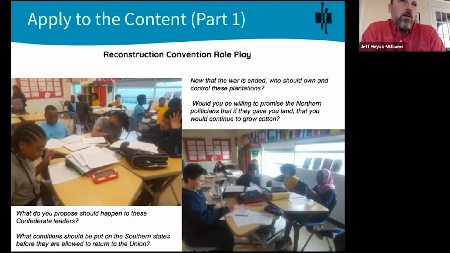They identified a bunch of different questions, and as they did, they thought about what would be an effective decision for those political leaders in the North as we were trying to reknit our country back together after our Civil War. So that's just an example of how they use the decision-making routine.